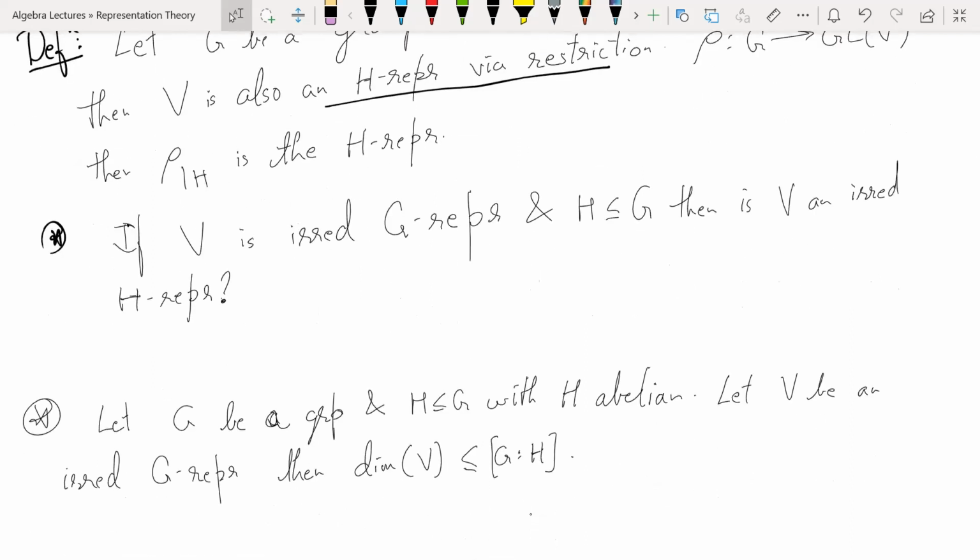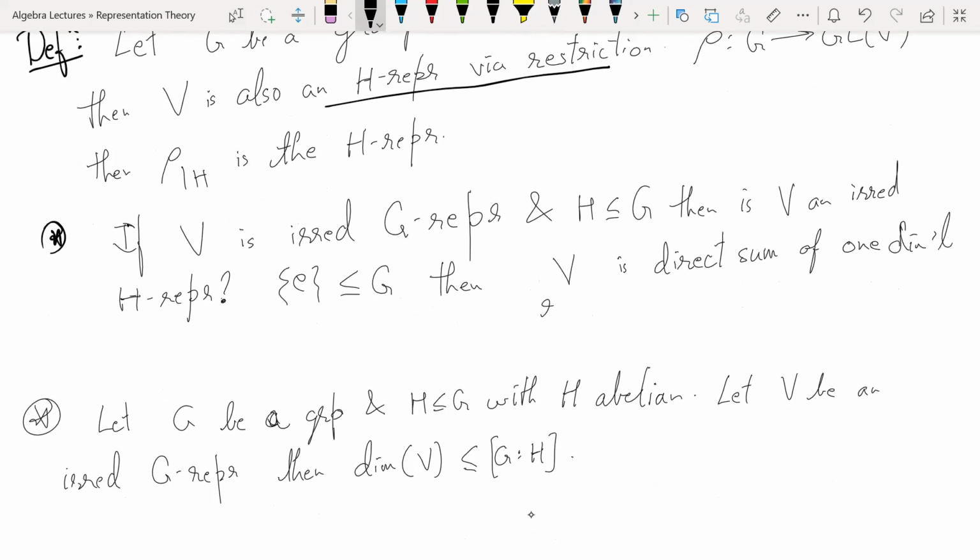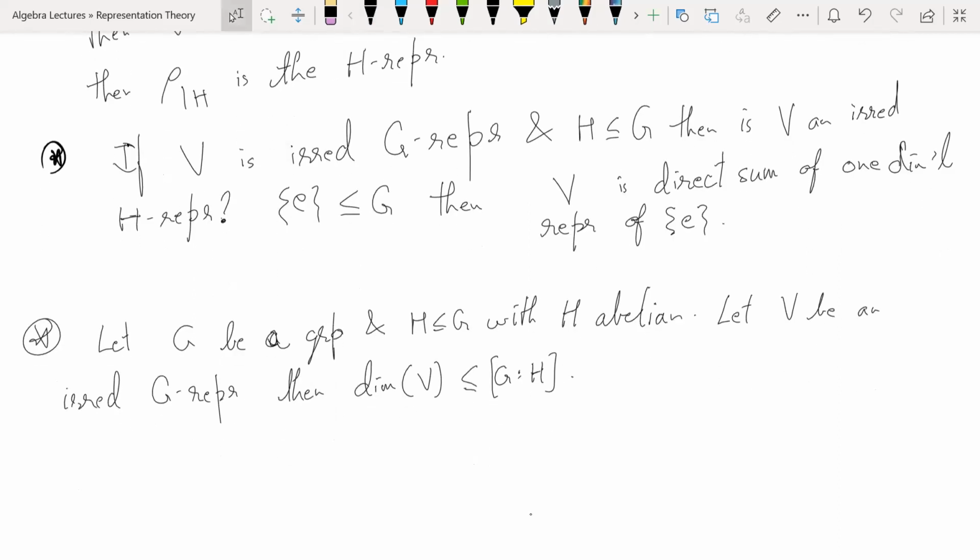Maybe I'll just write here first that you take the identity as a subgroup of G, then V is the sum of one-dimensional representations of the subgroup E. You can take the identity or any abelian subgroup, it's the same thing, but one abelian subgroup is the identity itself.